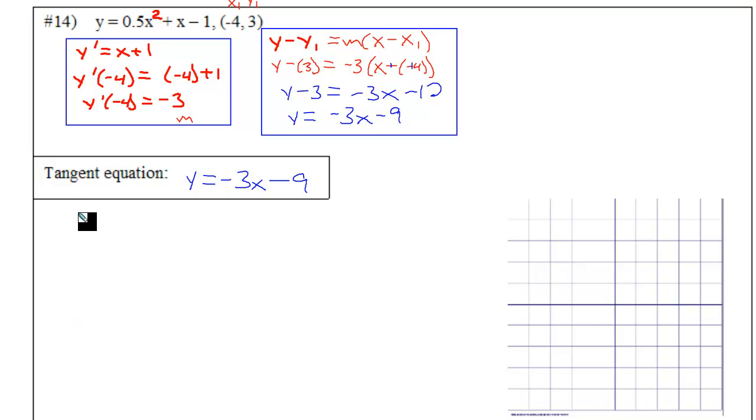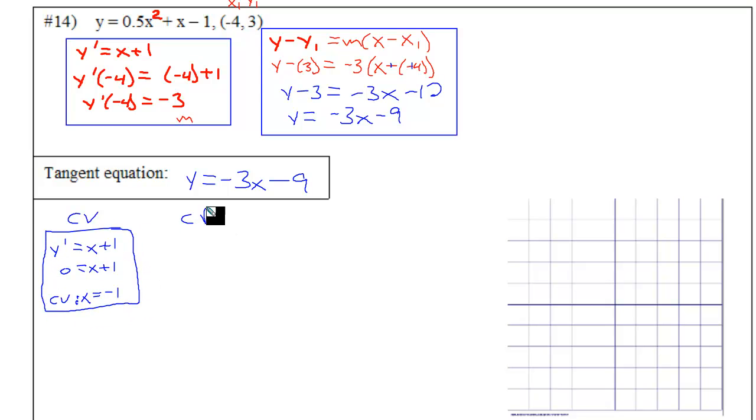So to find the critical values, take the derivative, set it equal to 0, and get x by itself. So we get a critical value of x is negative 1.